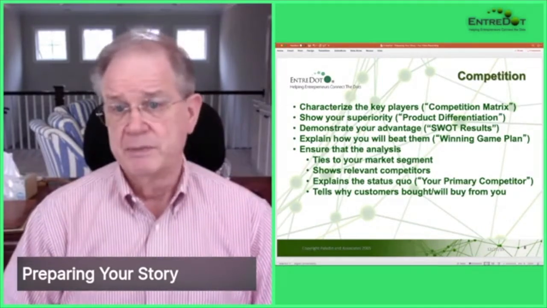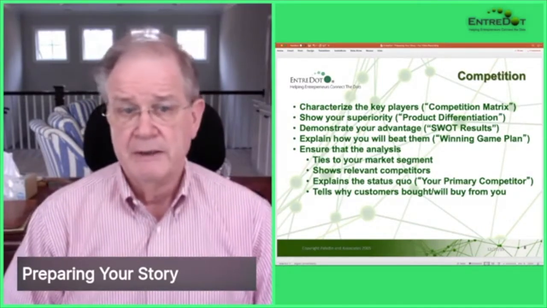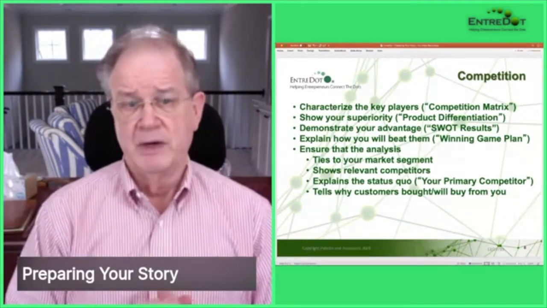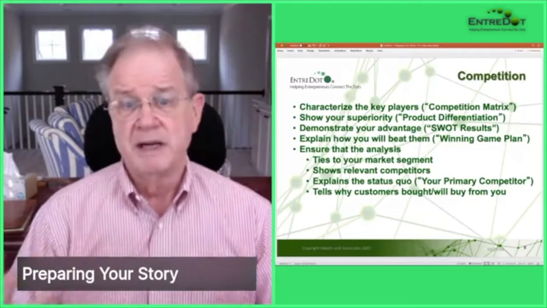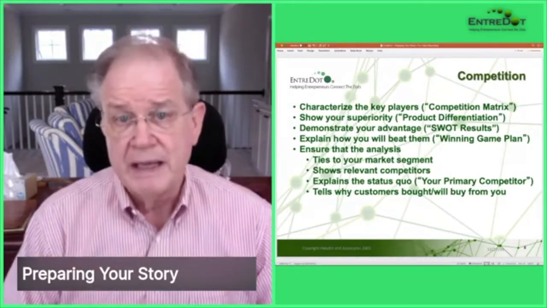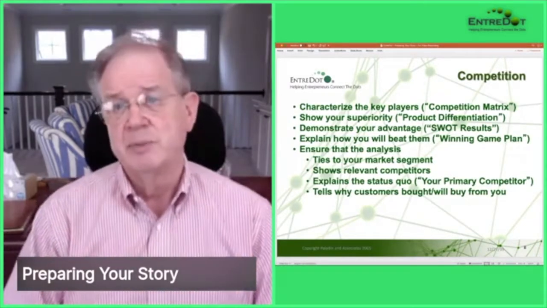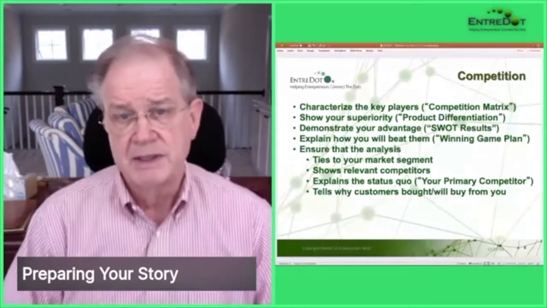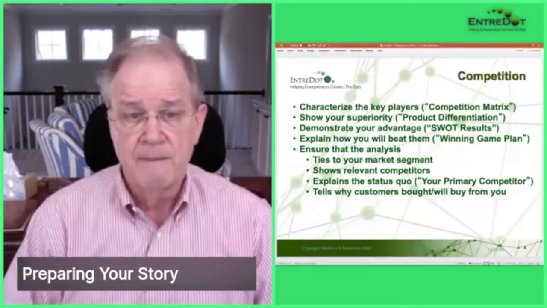It's your product and services differentiation. You demonstrate your advantage through a SWOT analysis that you summarize, and then explain how you will beat them. What's your winning game plan to win against this competition? Of course, you're going to exploit their weaknesses and exploit new opportunities that they can't reach and you can.